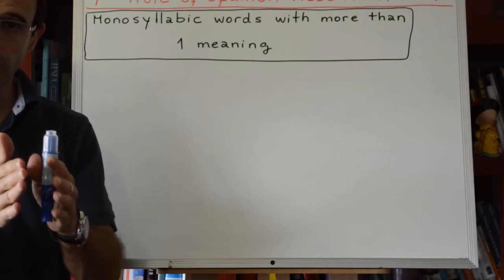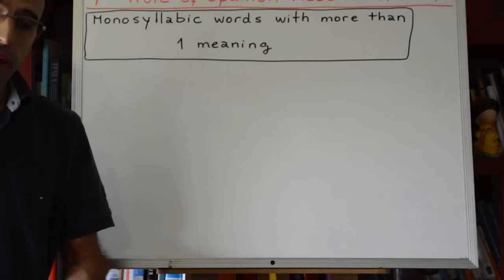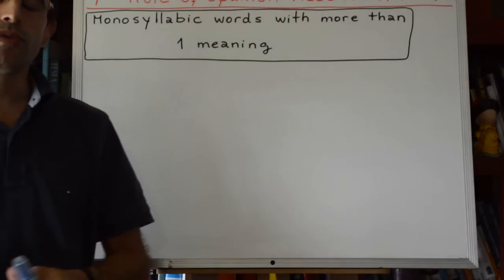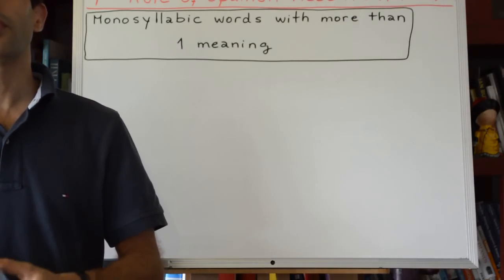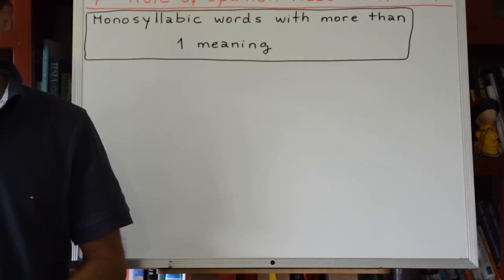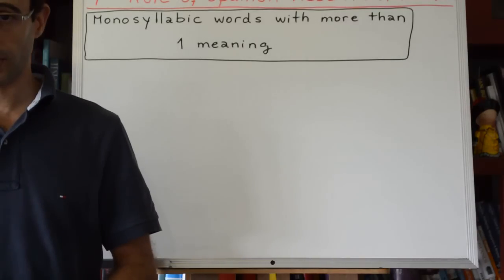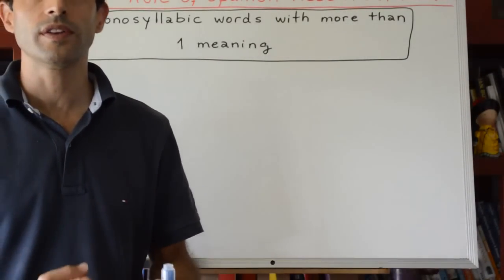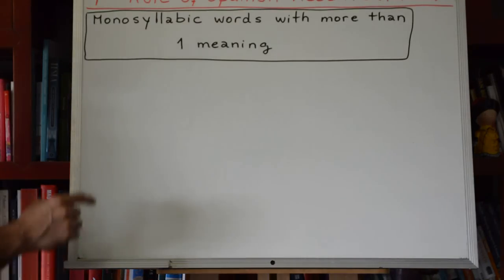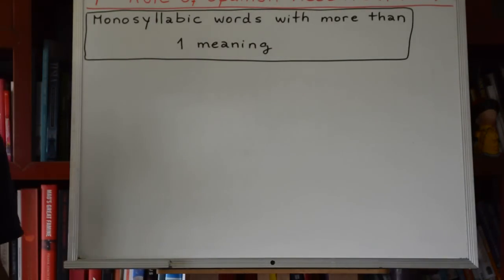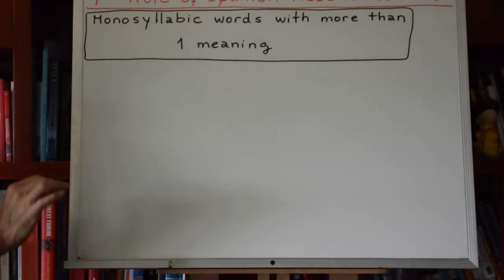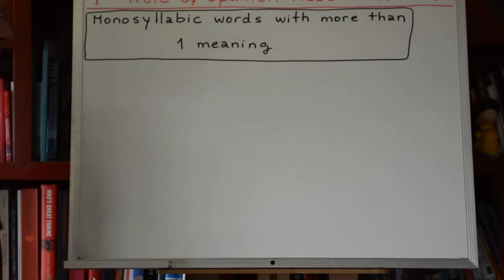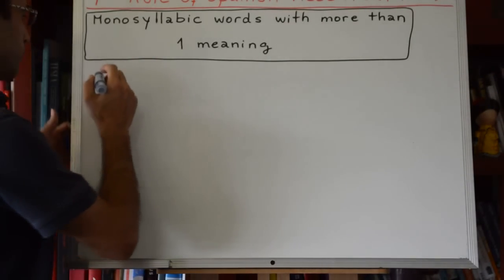You cannot separate them in syllables. The rules 1 and 2 were for words that have more than one syllable, right? Rules 1 and 2 mainly, okay? Words that have more than one syllable. Rule number 4 is especially for words that have only one syllable. I'll give you some examples.